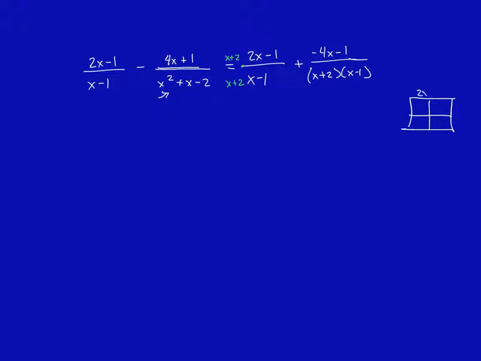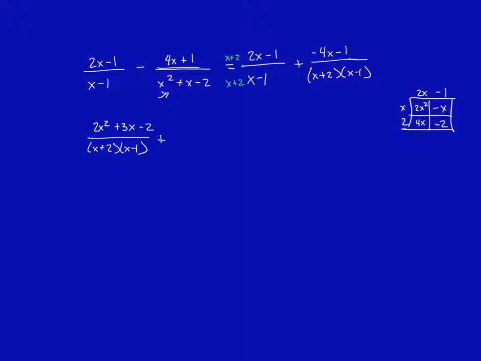So here's my 2x and negative 1, and here's my x and my 2. So this is 2x squared, here is 4x, here's negative x, and here's negative 2. So what I have then is 2x squared plus 3x minus 2 over x plus 2 and x minus 1.